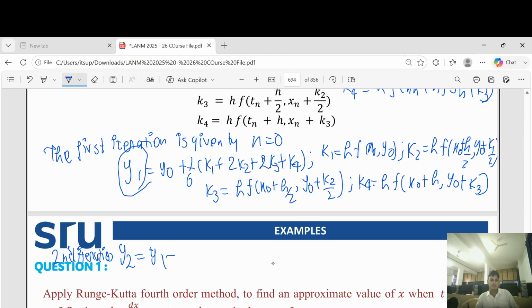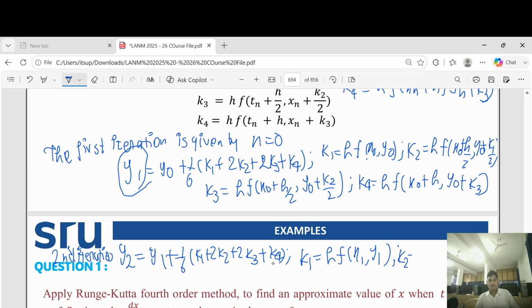So y1 plus 1 by 6 k1 plus 2 k2 plus 2 k3 plus k4. Okay, then k1 is h of f of, this time not x naught y naught, here x1 comma y1. Okay, because in the second iteration we use the previous values.